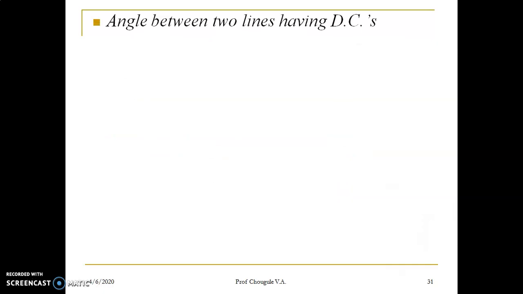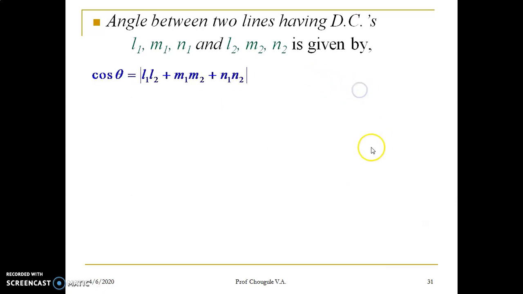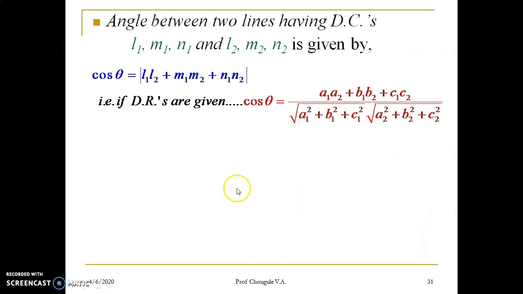The angle between two lines having direction cosines L1, M1, N1 and L2, M2, N2 is given by cos theta equal to this. If direction ratios are given, you have to convert direction ratios to direction cosines.